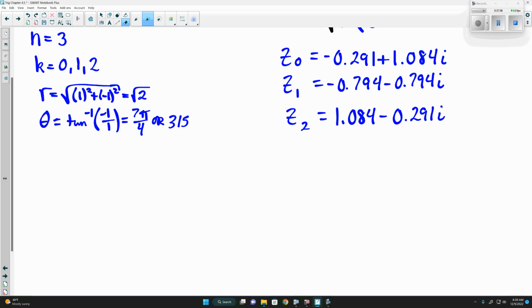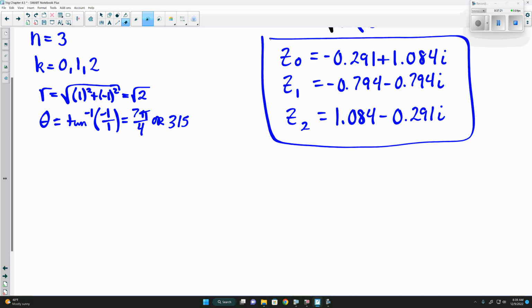That's kind of nice. If you notice, the values of a and b for Z0 and Z2 flip. I think that's kind of neat. But those would be your answers.